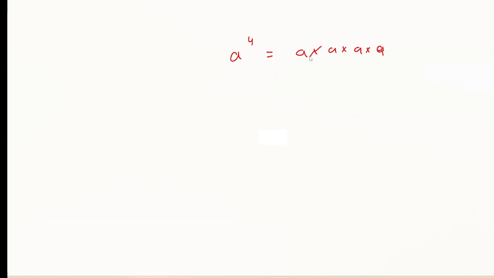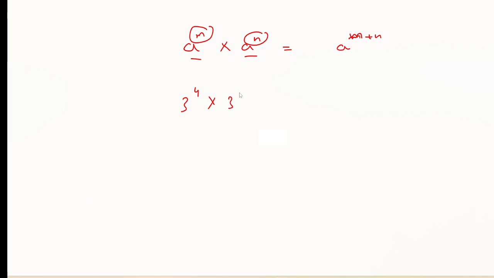Okay, so there are some laws of exponents. First is the multiplication law, which is: if the bases are same and you are multiplying them and they have different powers, let's suppose m and n, we just keep the base as it is and add the powers, m plus n. Let's take an example. 3 raised to power 4 times 3 raised to power 2.